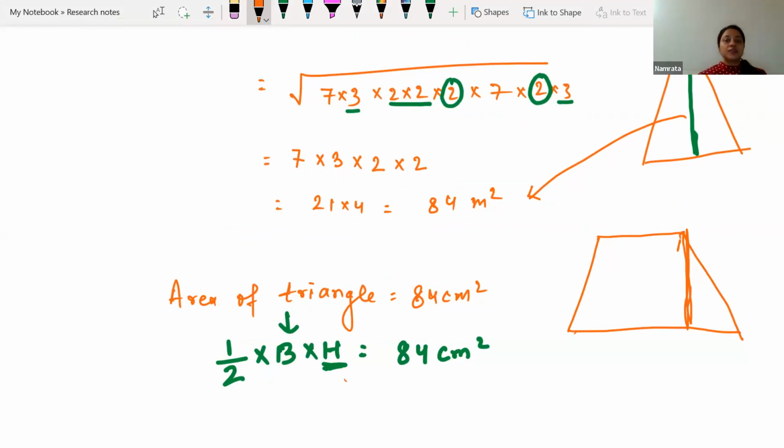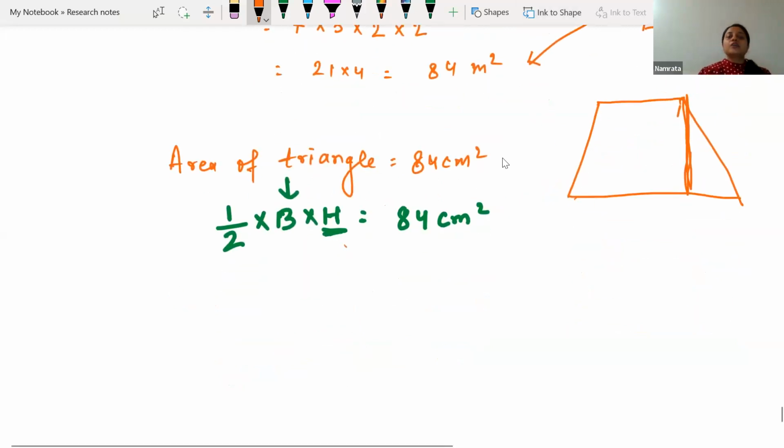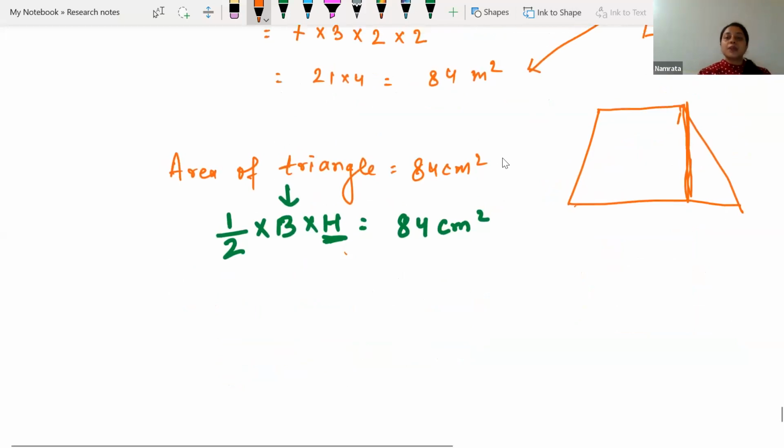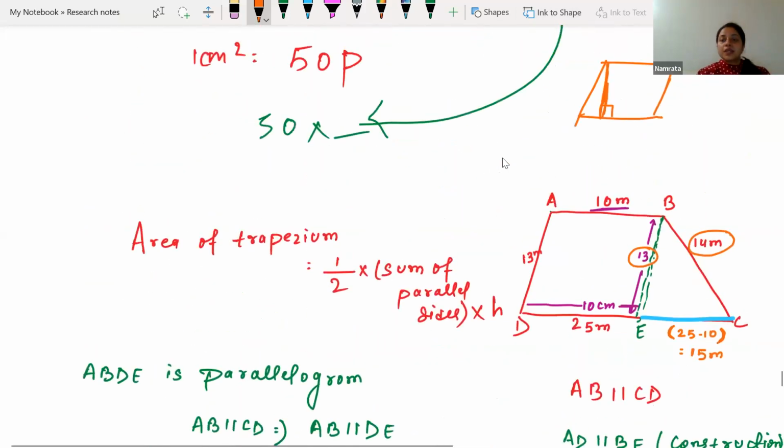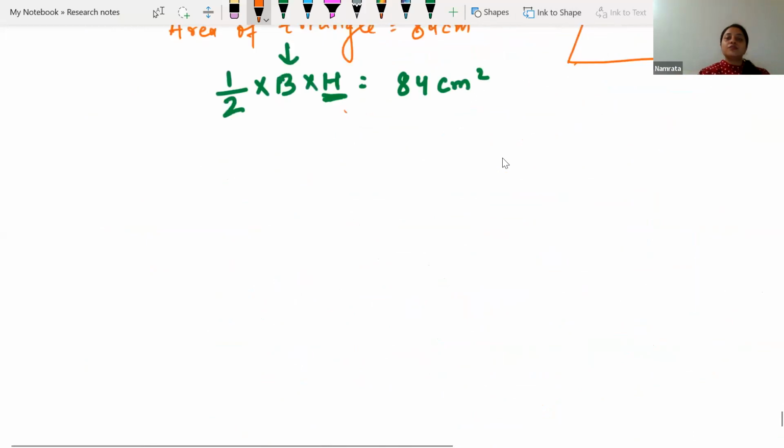Whatever height the triangle has, that height is the height of the trapezium also. And now we can get back and find the area of the trapezium. So let's do it. Let's find the height of the triangle from here. What was the base of the triangle? The base was 15. On the 15 centimeter base, we are dropping the height.